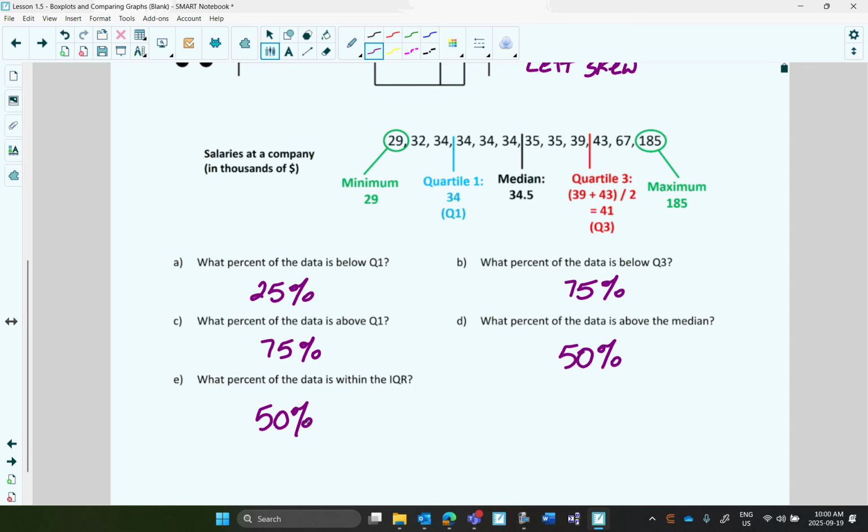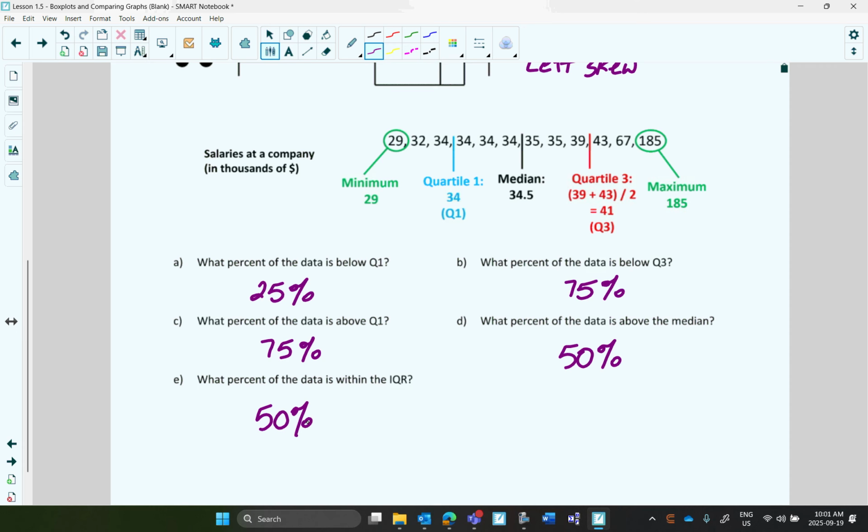Because there's multiple answers there. Between what two values is below 25% of the data? Well, here's 25%, right? So below that, between which two values, 29 and 30, you would say, right?